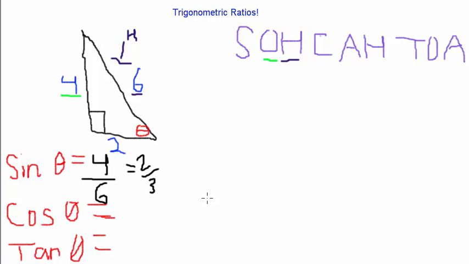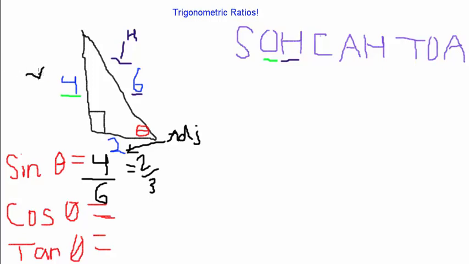And so what about the cosine here? I'm going to go a little bit faster this time. We're going to find the adjacent and the hypotenuse. And since I haven't already labeled it, this is going to be obviously the adjacent. The adjacent is the side adjacent to the theta, as the name implies, that is not the hypotenuse. So once you've ruled out the hypotenuse, finding the adjacent is super easy because it's the other side adjacent to the theta.